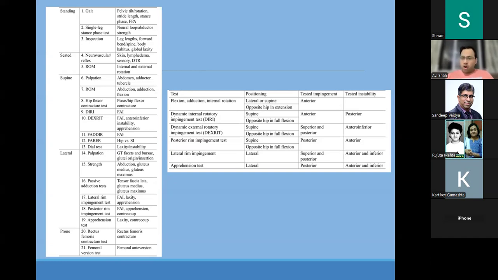I know it's a lot, and you may not do all of these tests in routine practice, but I would say at least the flexion adduction internal rotation test, the DRI, the dexrit, and the posterior test should be done, because with these tests you pretty much cover your anterior, posterior, and superior regions for impingement and instability.